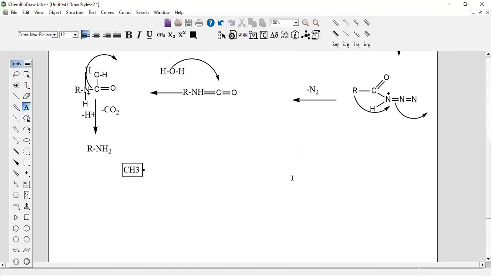Can you tell me the name of this compound? CH3COOH.